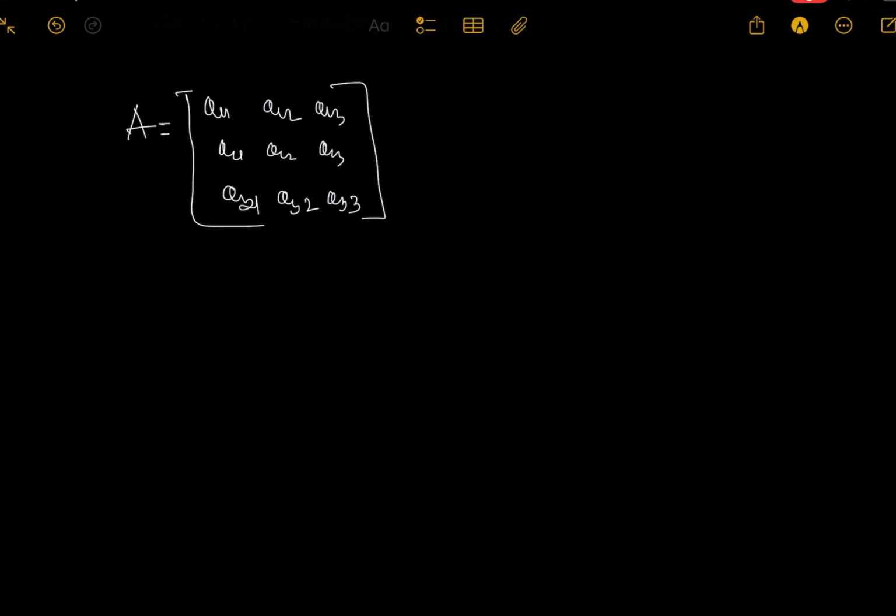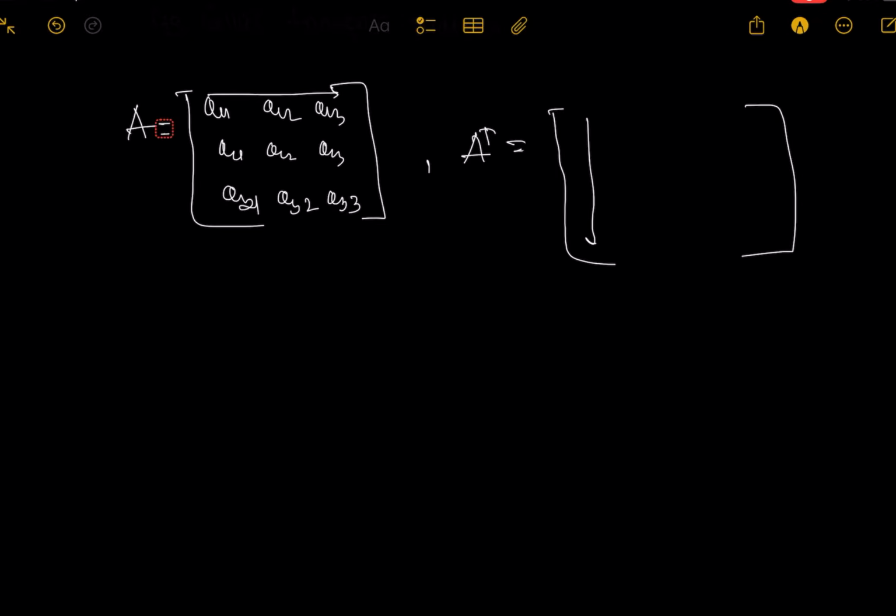Suppose we have a matrix A11, A12, A13, 21, 22, 23, 31, 32, 33. Then what is the transpose? By the definition, the matrix changes its rows into columns.